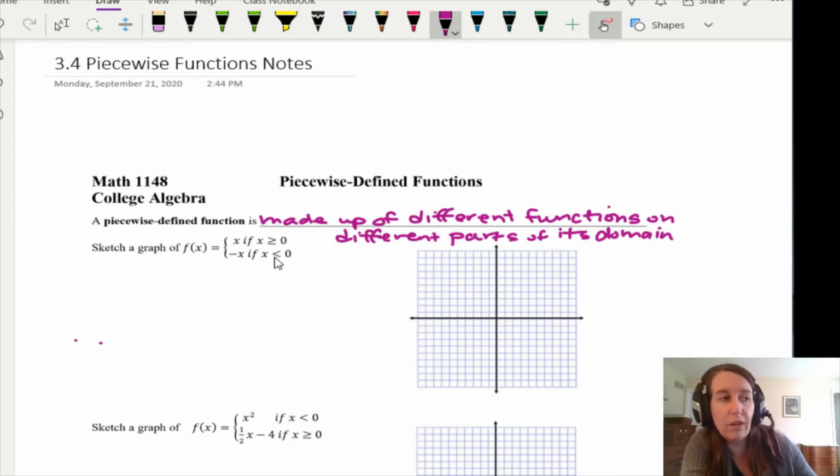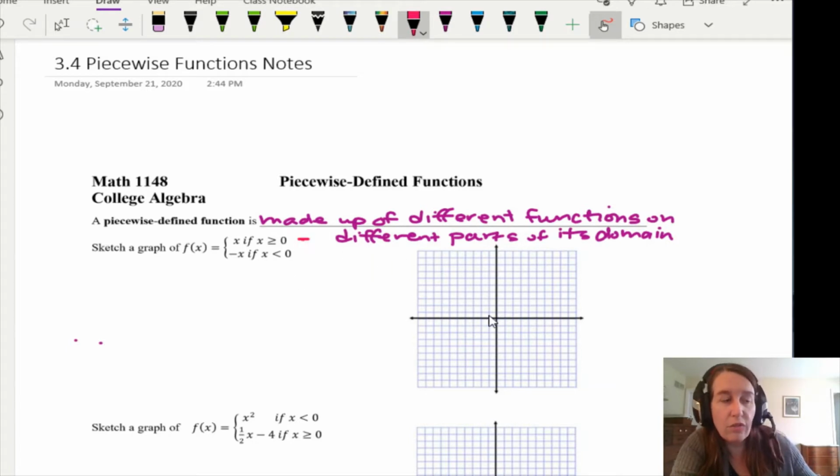It's in inequality notation. So if we're going to sketch a piecewise function, the first thing we're going to do is look at where the domain is and put that function in. For this one, the function is x if x is greater than or equal to 0. For that part, I will do some pink.